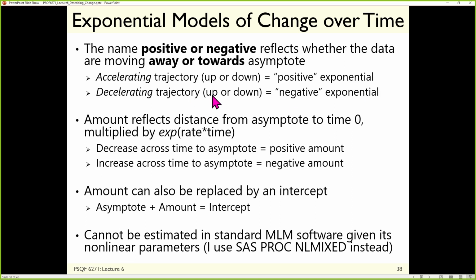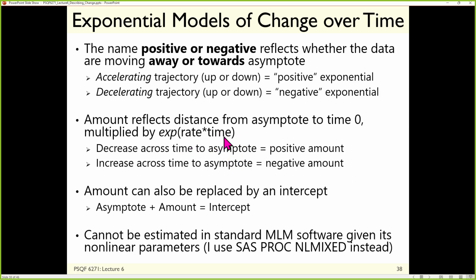So a trajectory that is slowing down, that's decelerating, we would call a negative trajectory. So going up and slowing down, or going down and slowing down, those would both be negative functions from the perspective of this model. So the amount reflects the total distance from the asymptote back up to time 0, and it's multiplied by e to the rate times time. So this is the nonlinear part of the model.